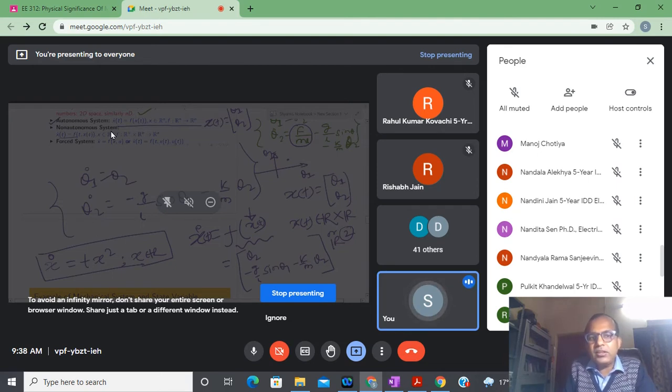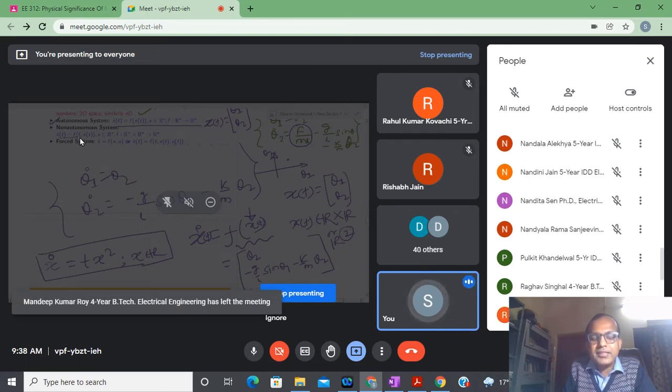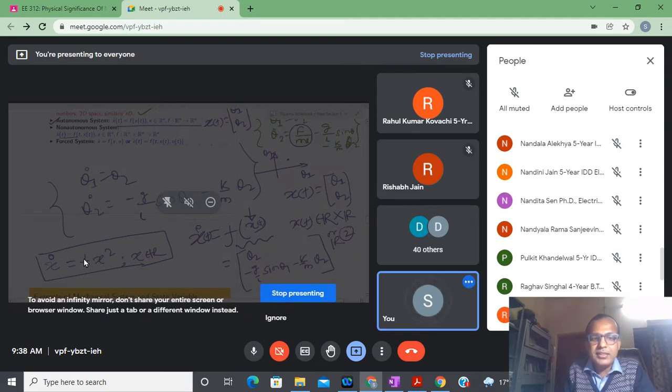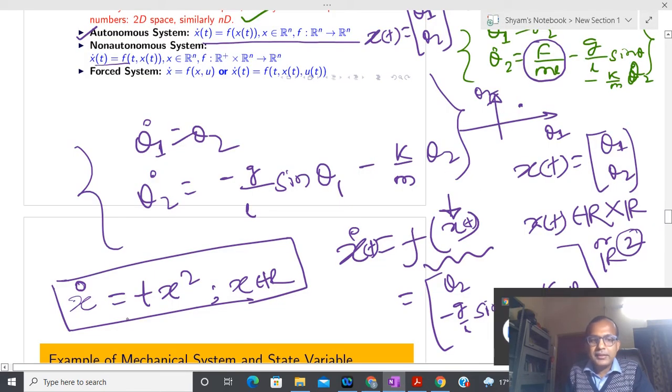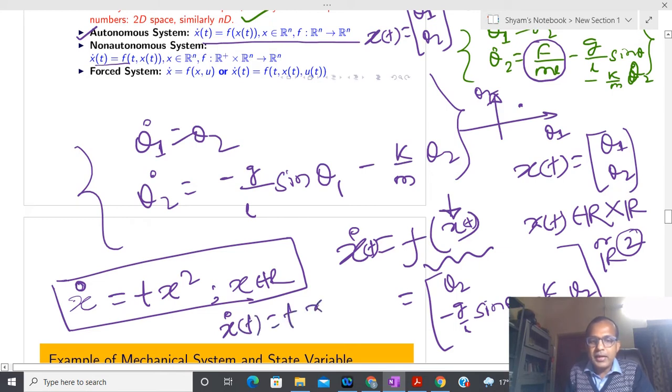Whenever I define a non-autonomous system, the right hand side function f is an explicit function of t and x(t). In the example I constructed, t is explicitly involved. What is the meaning of implicit and explicit? Here since I write x dot, meaning dx by dt, people do not write the t in x(t), so that time is implicit, and this time is explicitly appearing.